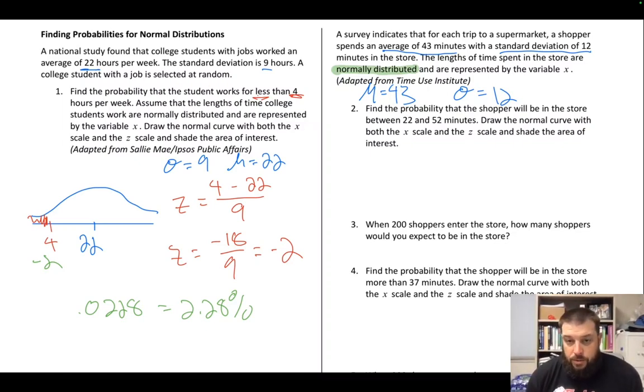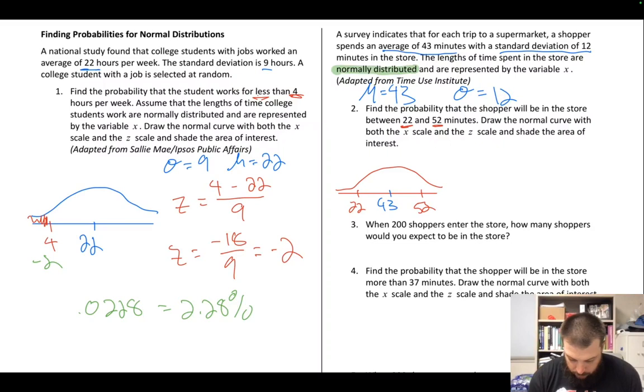All right, so our specific problem. We want to find the probability that the shopper will be in the store between 22 and 52 minutes. So our mean is there in the middle, and we're between 22 and 52.